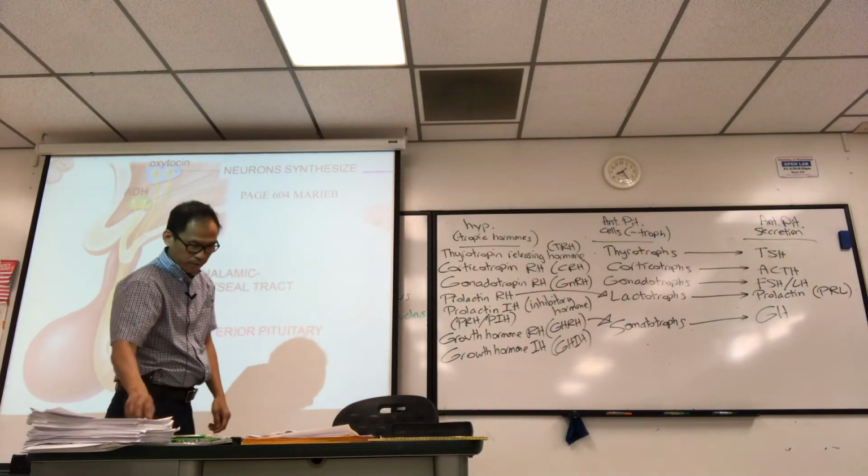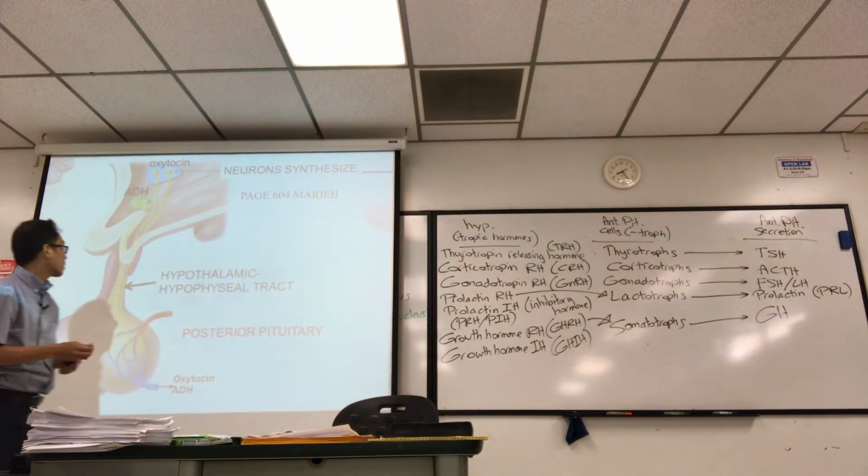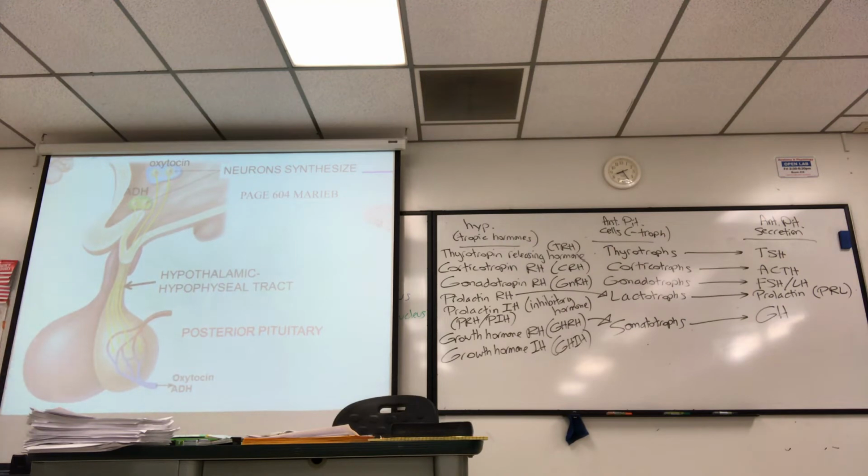Let's take inventory of everything we learned. I think I reversed the colors. That is the supraoptic nuclei, right above the optic chiasm. These cells will synthesize ADH. They'll use the axons, the hypothalamic hypophyseal tract, and the hormones get swept into the bloodstream.